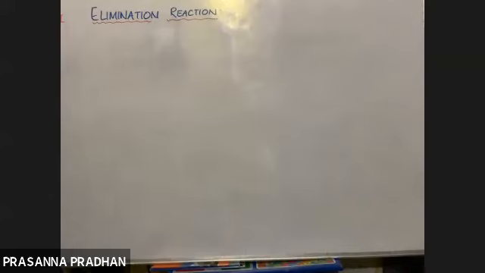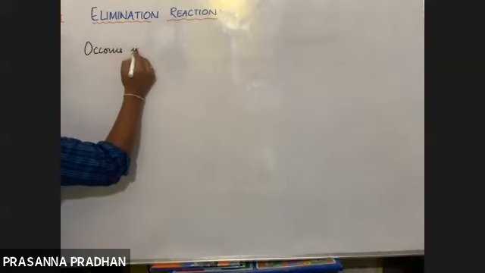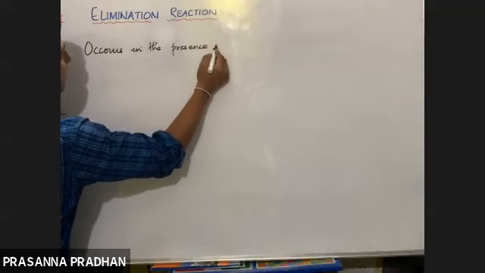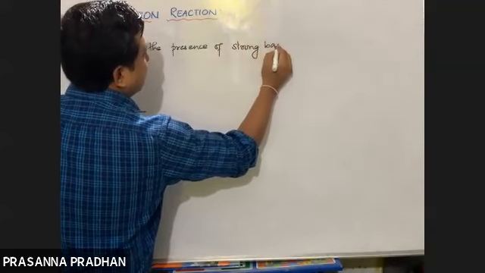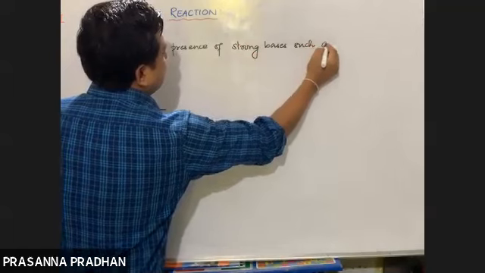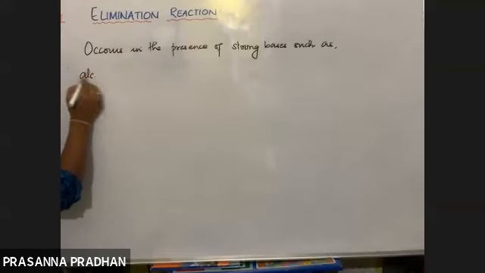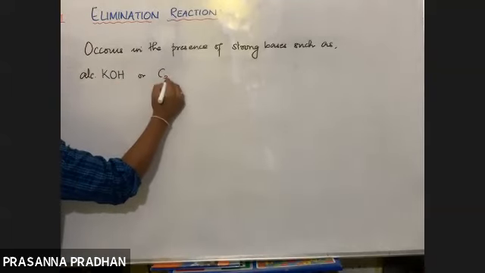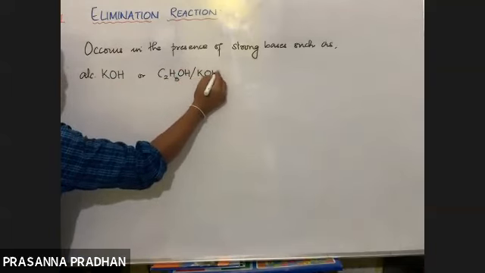So remember, elimination of alkyl halides occurs in the presence of very strong bases such as alcoholic, not aqueous, KOH, or instead of this, alcohol and KOH might be given.